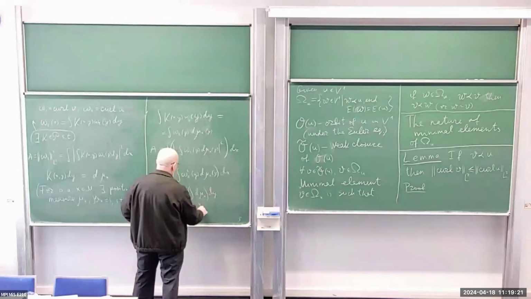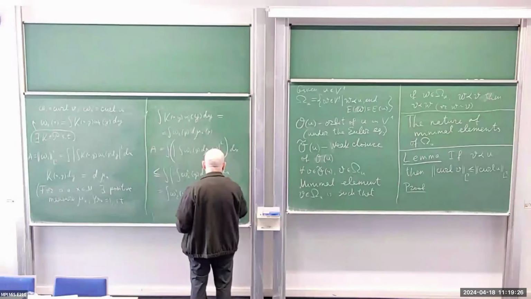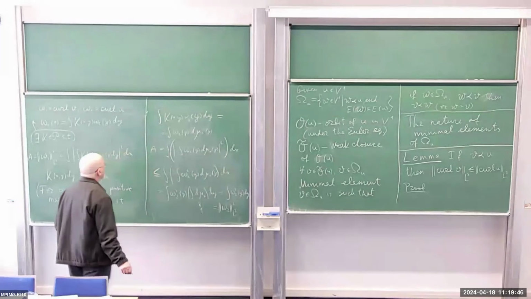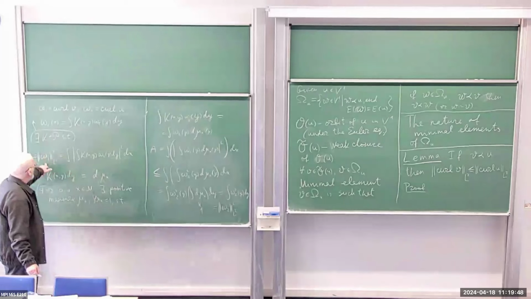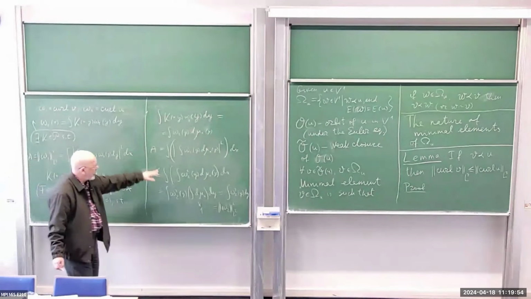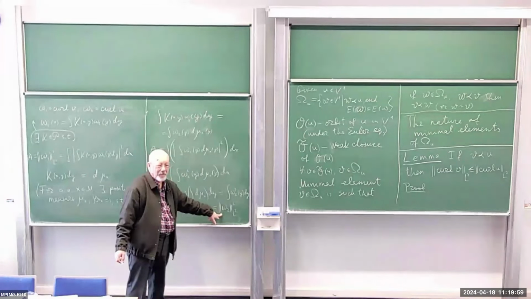This integral equals 1. So this integral of omega 2 squared of y dy equals the norm of omega 2 squared. So the norm of omega 1 squared is less or equal than the norm of omega 2 squared.